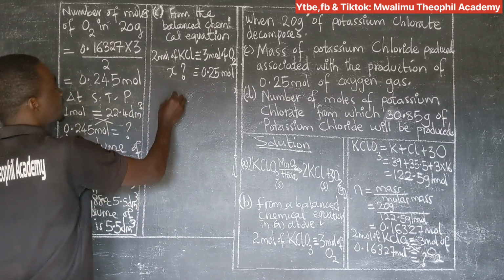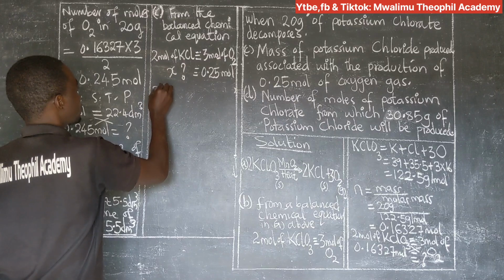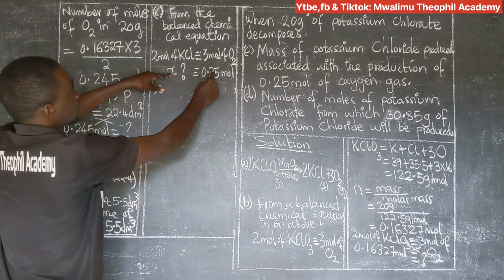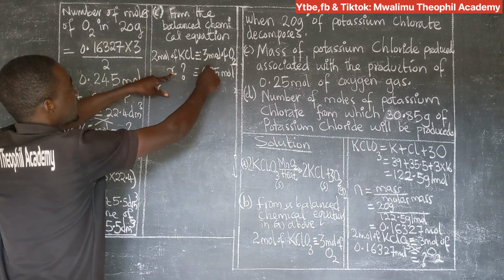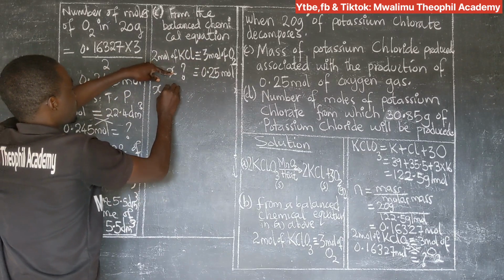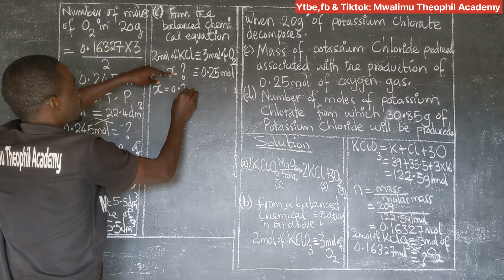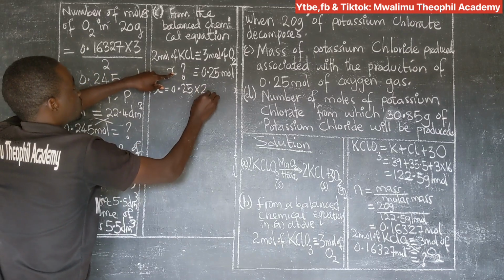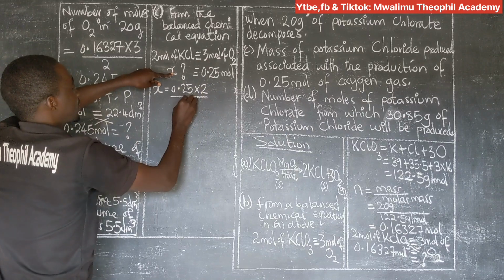I have assumed this as Xc. To get this value, you take this times this one divided by this: 0.25 times 2 divided by 3.